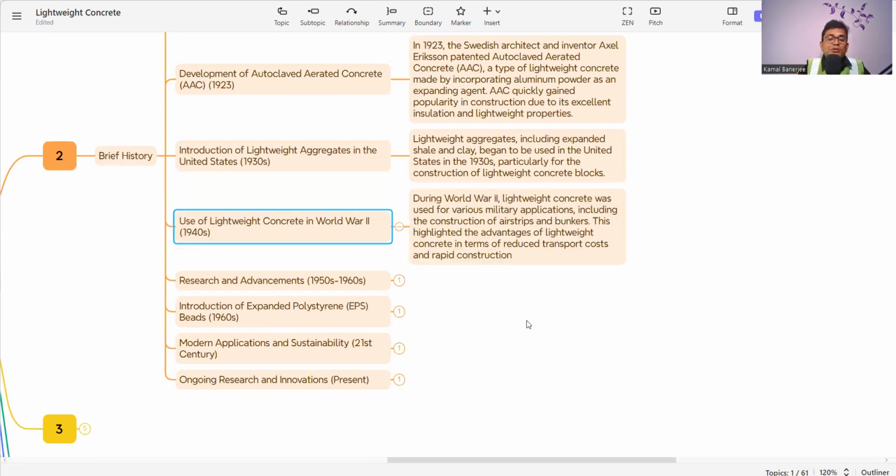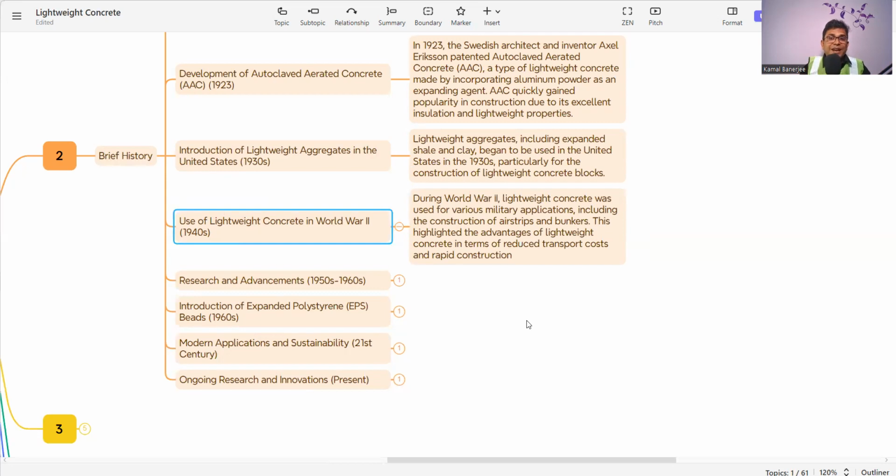World War II had a significant impact on lightweight concrete. It was used for various military applications, including the construction of airstrips and bunkers. These highlighted the advantage of lightweight concrete in reducing transportation cost and enabling rapid construction.